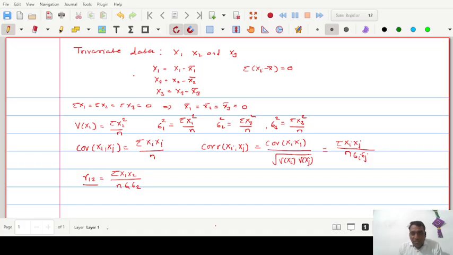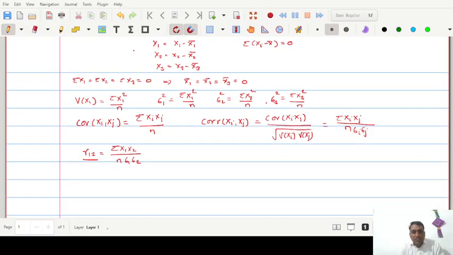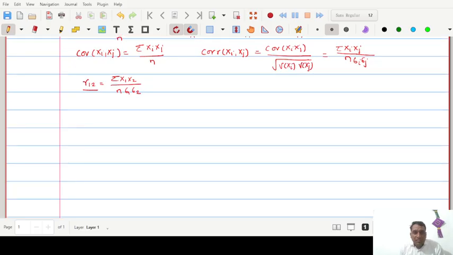Then we write the correlation matrix, the correlation variance covariance matrix. It is denoted by capital R, which is equal to R11, R12, R13, that is correlation between x1 and x2, x1 and x3, then R21, R22, R23, R31, R32 and R33.